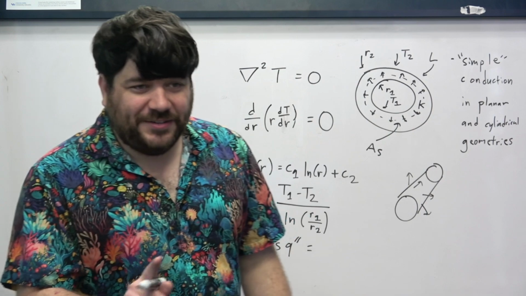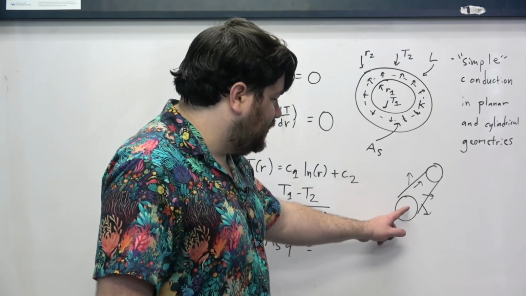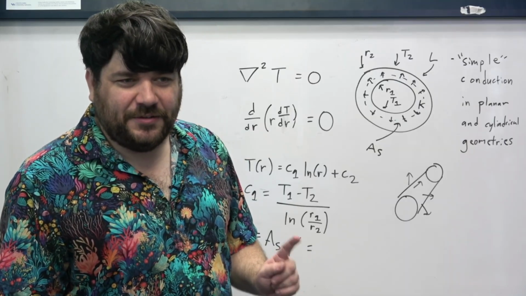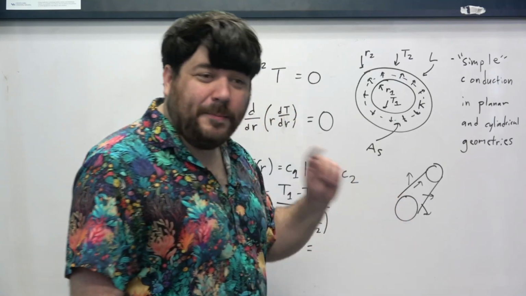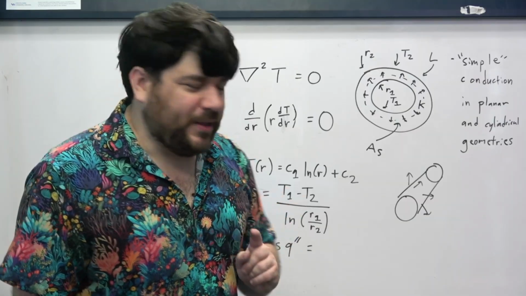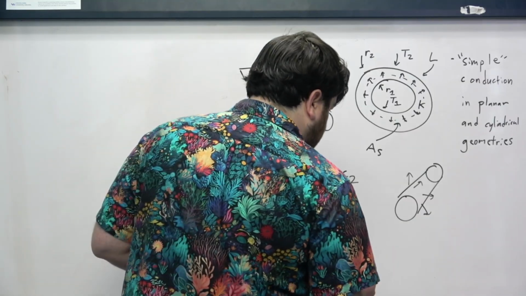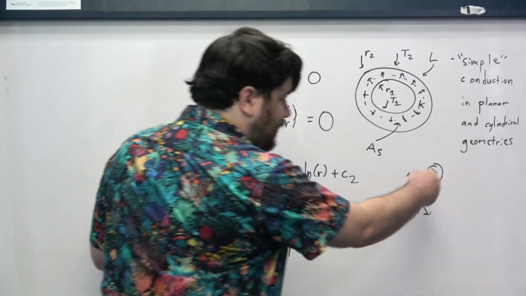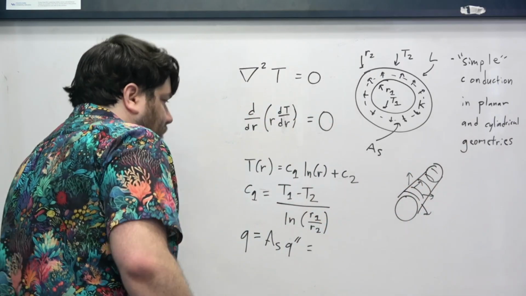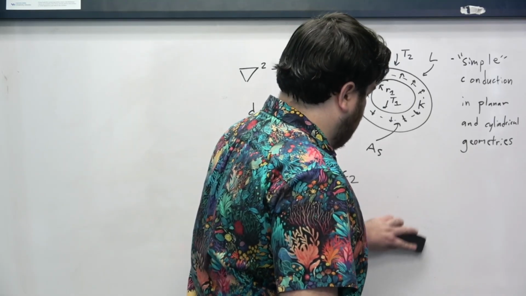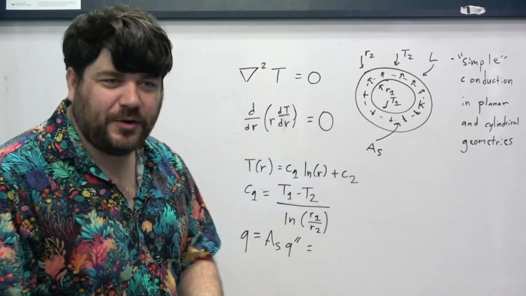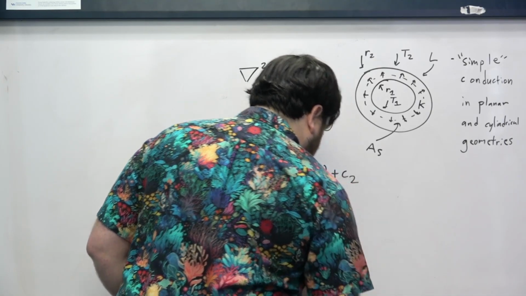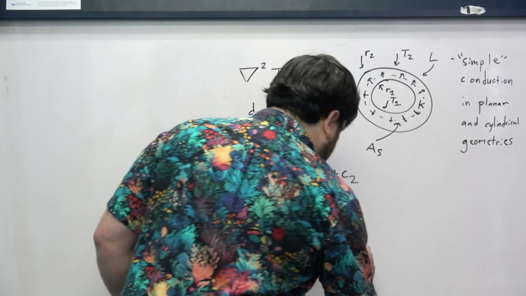Now, be aware, this is not just taking the cross-sectional area of this thing and multiplying it by L. What we are going to do is take the perimeter and multiply it by L, because the area that we want is this area right here. So what is the perimeter of a circle? It is just 2 pi r, multiplied by whatever the length of the cylinder is.